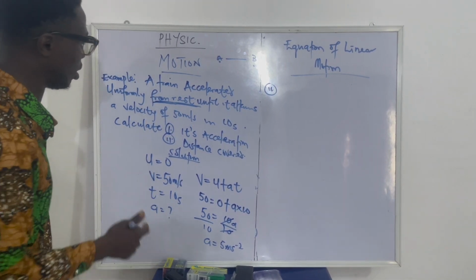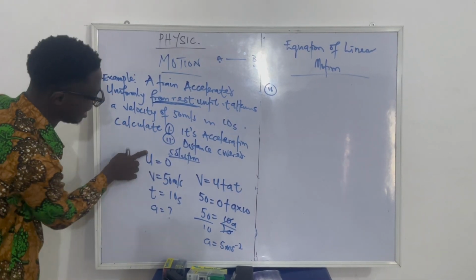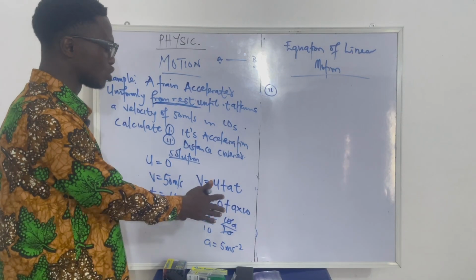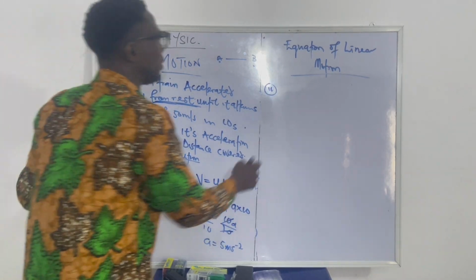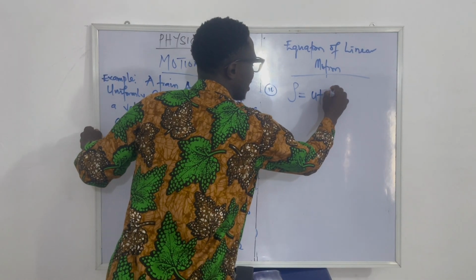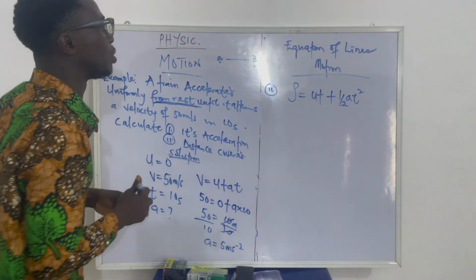But if we're not so sure, we can use the earlier given parameters with the distance. But then we're so sure that the answer is correct, so we can pick the distance formula, which is the third equation.